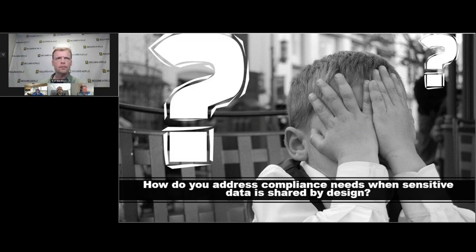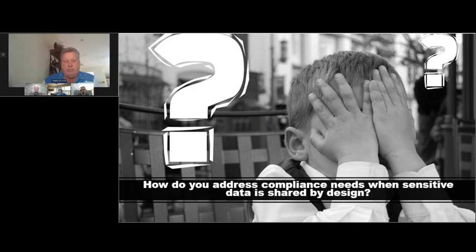Sure. So, let me start by saying what I see that's common across every industry, large or small, every vertical, is that there's three common general use cases. One is data leakage. We have some amount of intellectual property, customer data, employee data we simply don't want leaked out. The second one is a little bit more cumbersome, which is the meat of this question, the need to collaborate externally.